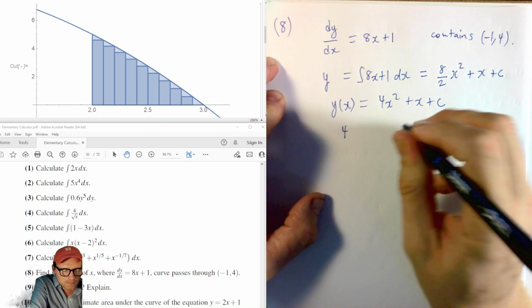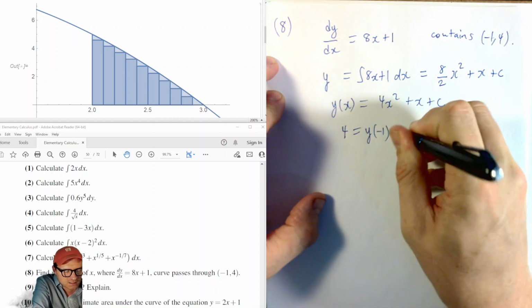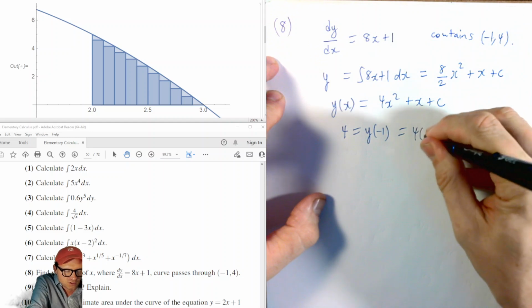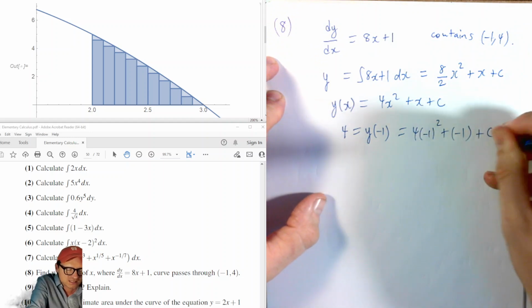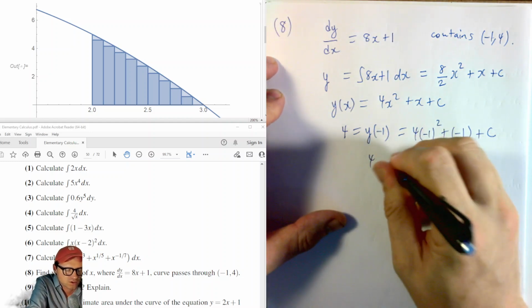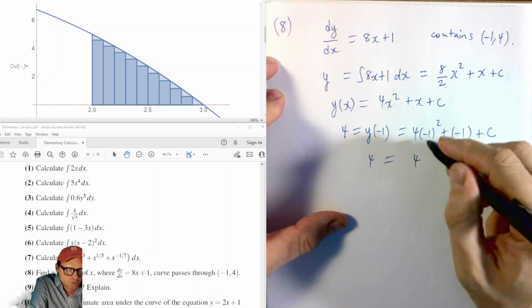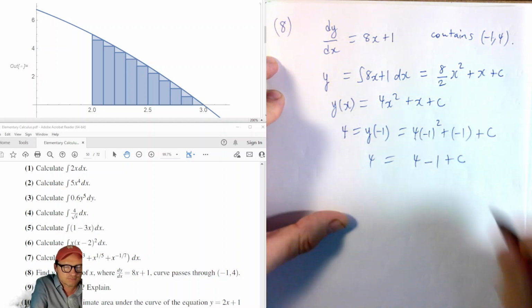All right, so let's do that now. So 4 is equal to y of -1, which is 4 times (-1) squared plus (-1) plus c. Okay, simplifying this, we have 4 equals 4 times 1 minus 1 plus c.